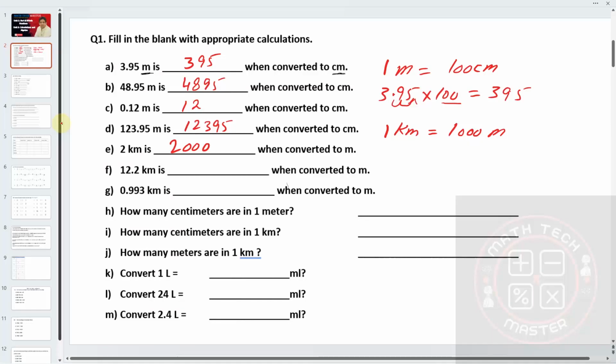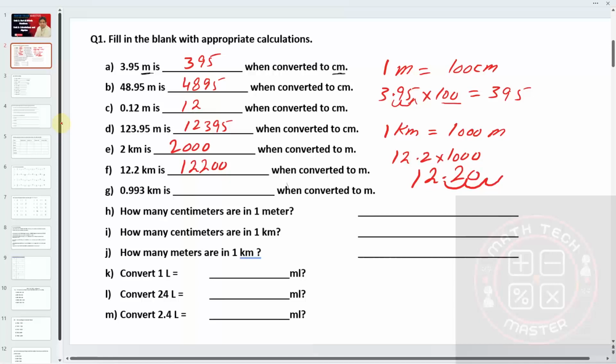The next two questions are the same. We just have to multiply the number by 1000, and in this case the number is 12.2 and we need to multiply it by 1000, so we have to move this decimal three steps to the right. But in this case we have only one number to the right, so what will we do?